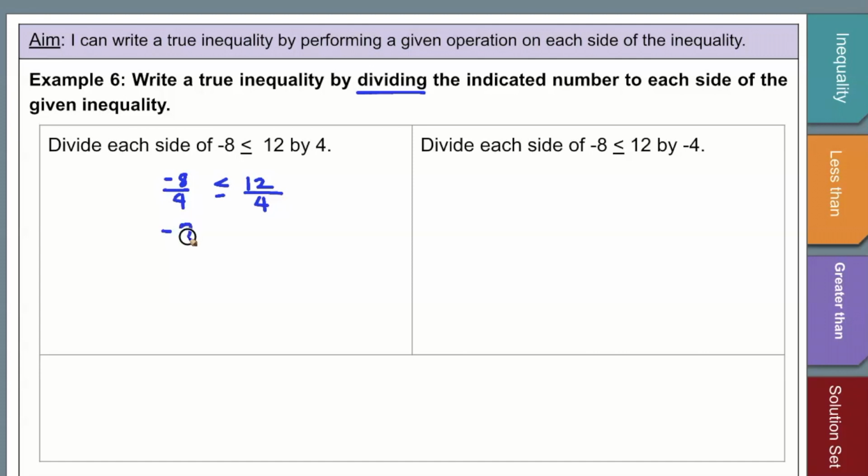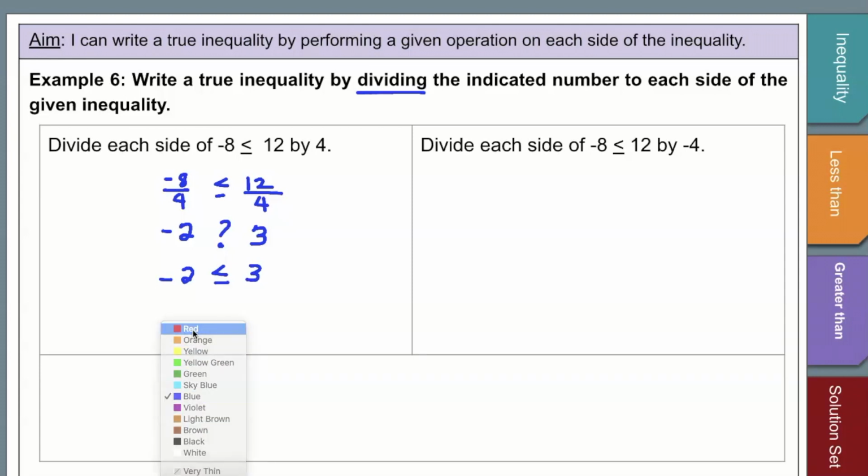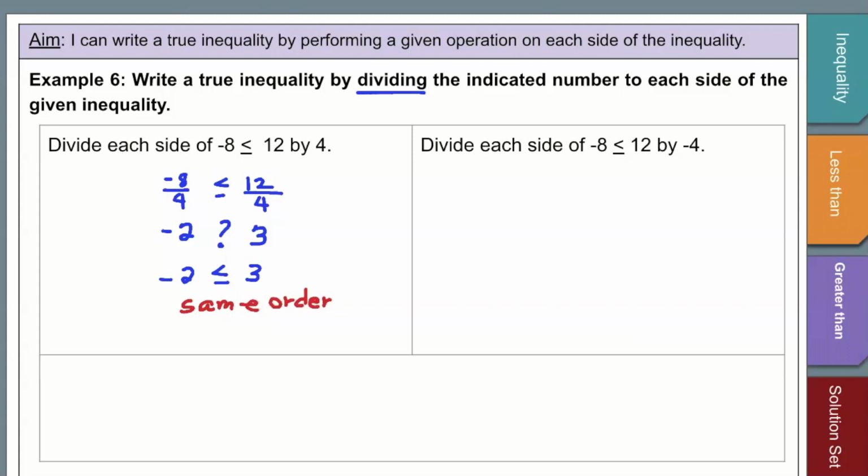Negative 2 is less than 3. Therefore, the order is preserved. Negative 2 less than or equal to positive 3 has the same order as negative 8 less than or equal to 12. This means that when we divide each side of an inequality by the same positive number, we are going to keep the same order.